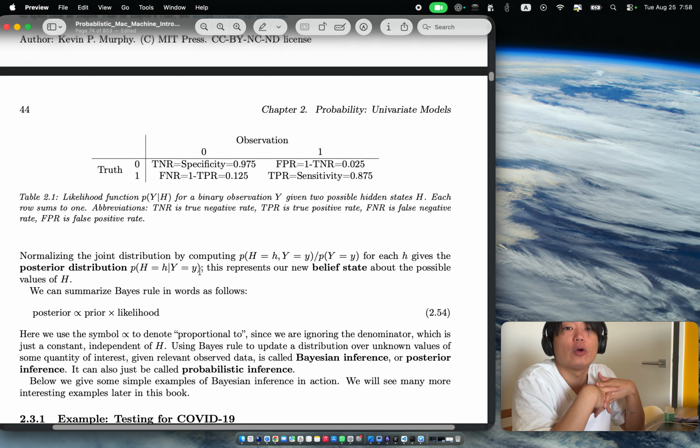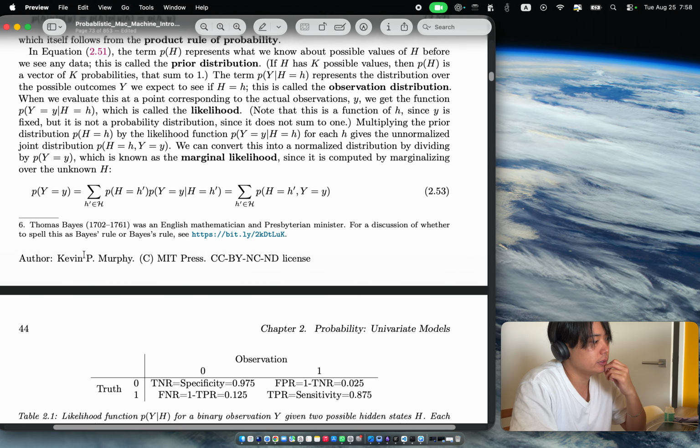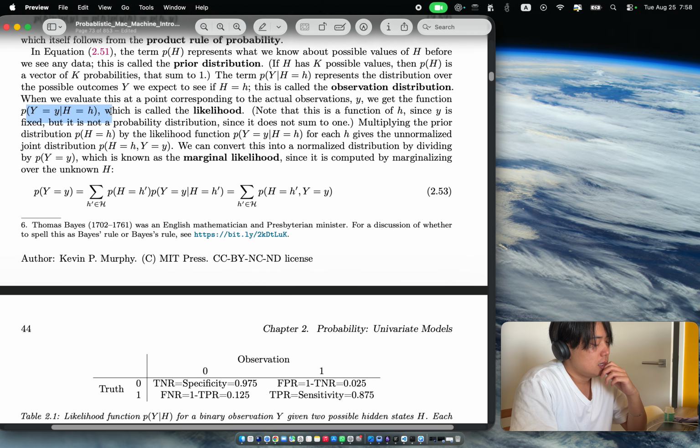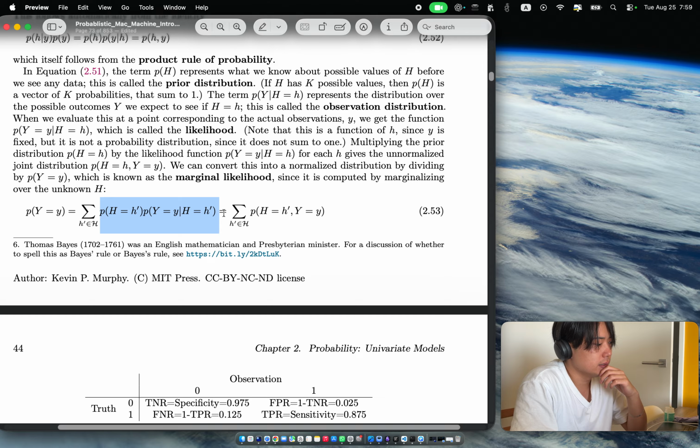So this is why the posterior is proportional to the prior times the likelihood, because the likelihood is this conditional probability of Y given H, and the prior distribution is the probability of the hidden state. So that's exactly what it means.